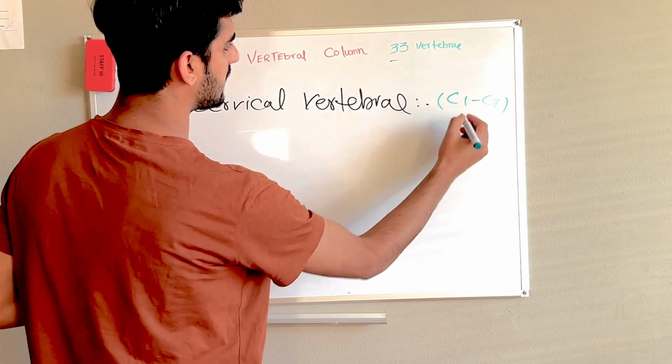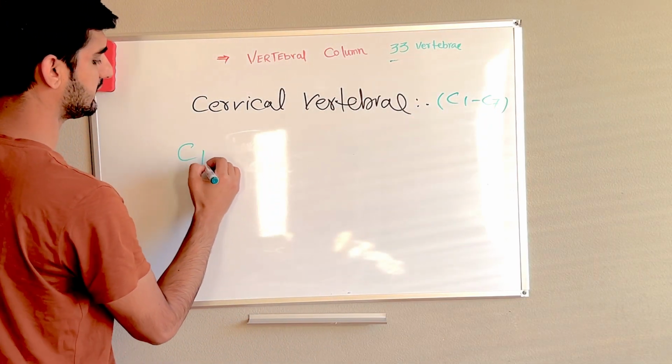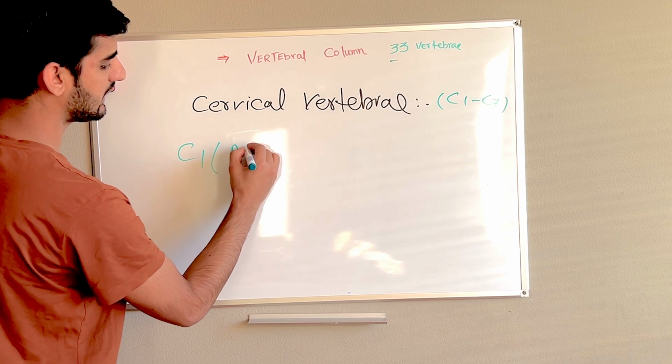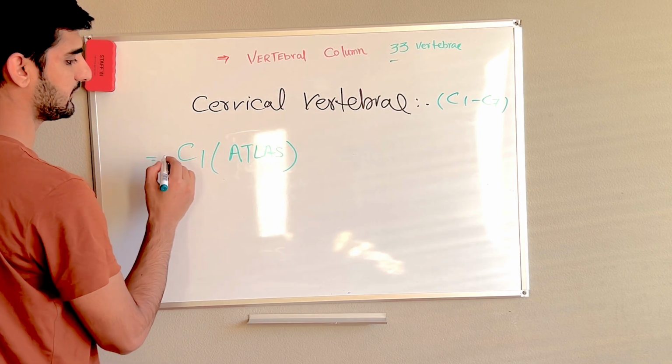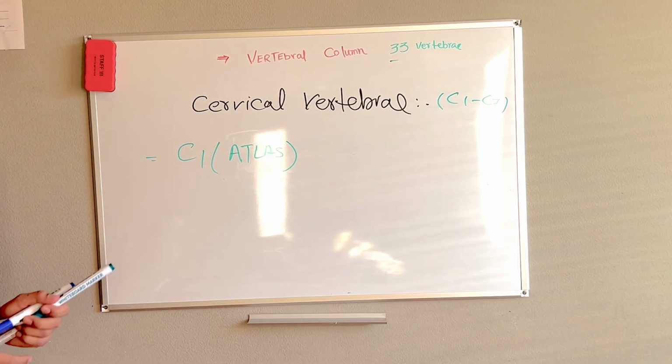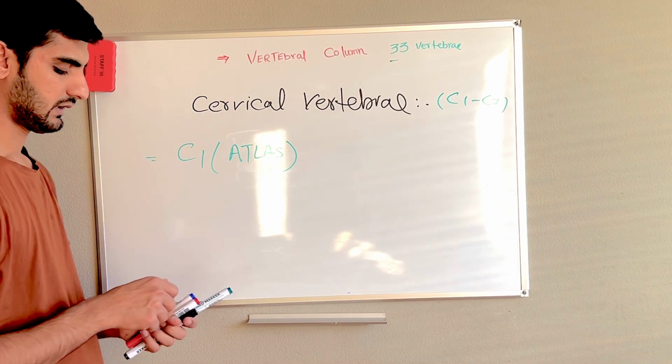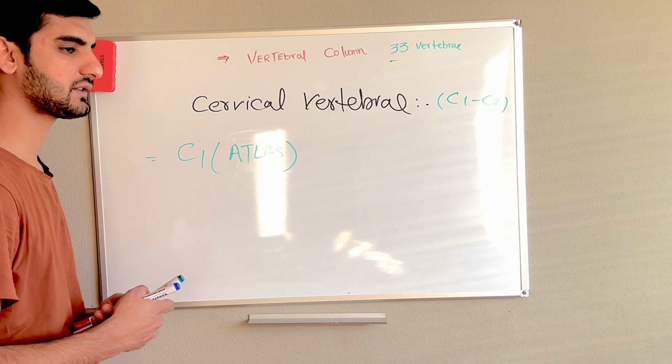First we will discuss C1. C1's own name is Atlas. Atlas is the own name of this vertebra, and we're going to discuss its structure.